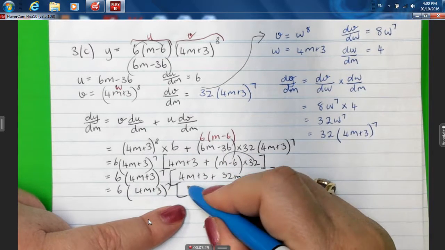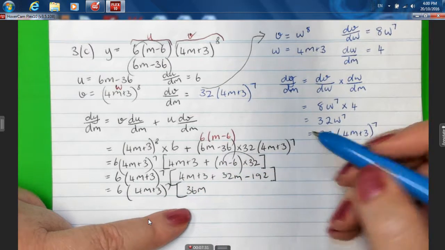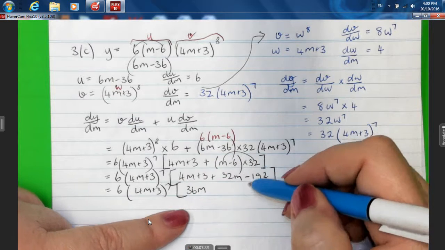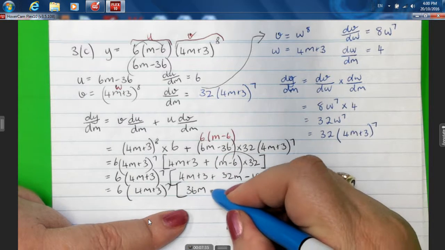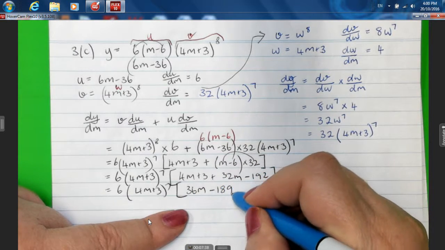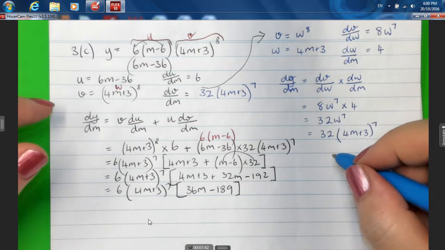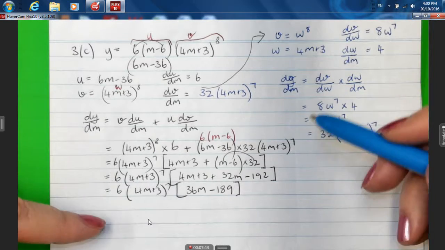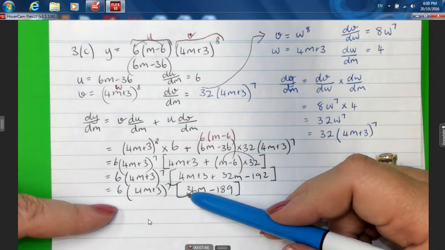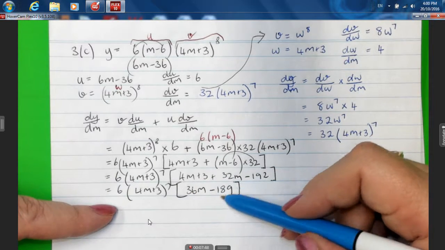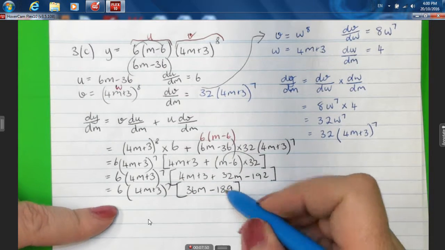4m plus 32m is 36m, and 3 minus 192 is minus 189. Now, the first time I did this, I thought we were finished, giving myself a big pat on the back. But what I didn't see was a little sneaky factor of 9 that still is existing in there. So let's take it out.